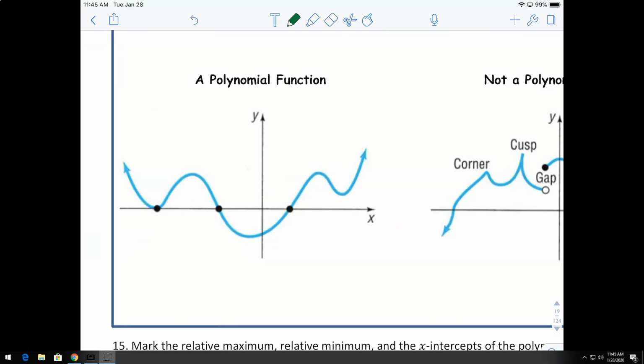I'm looking at this thing that's a polynomial. It's a polynomial because it's smooth and it's continuous. Okay? These 3 things that they've already labeled for you are x-intercepts. You should also talk about your points of inflection or your critical points, the places where they turn. This is a maximum, this is a maximum, this is a minimum.